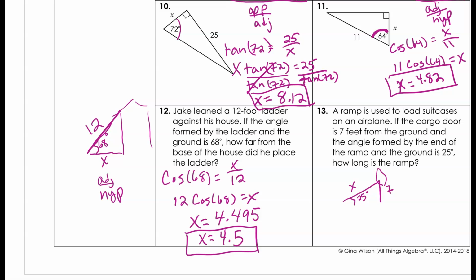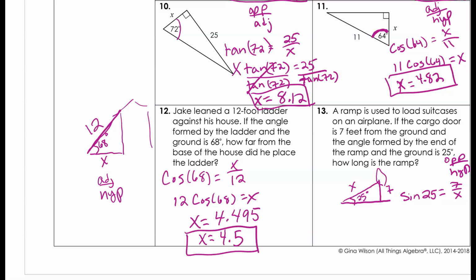Well, first off, I'm not going to make my ground that long because it interferes with my writing. All right, so I'm dealing with an opposite over hypotenuse. Whoops. So that means I'm dealing with a sine scenario. So if I find the sine of 25 degrees, I know the ratio is 7 over x.